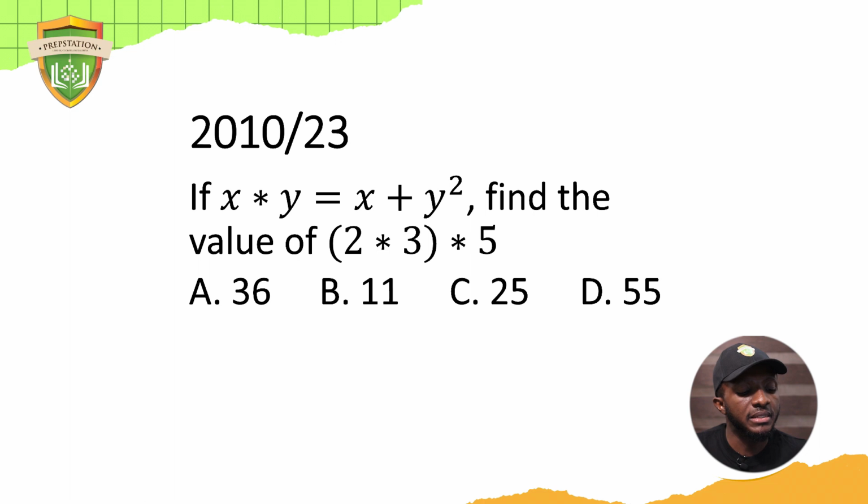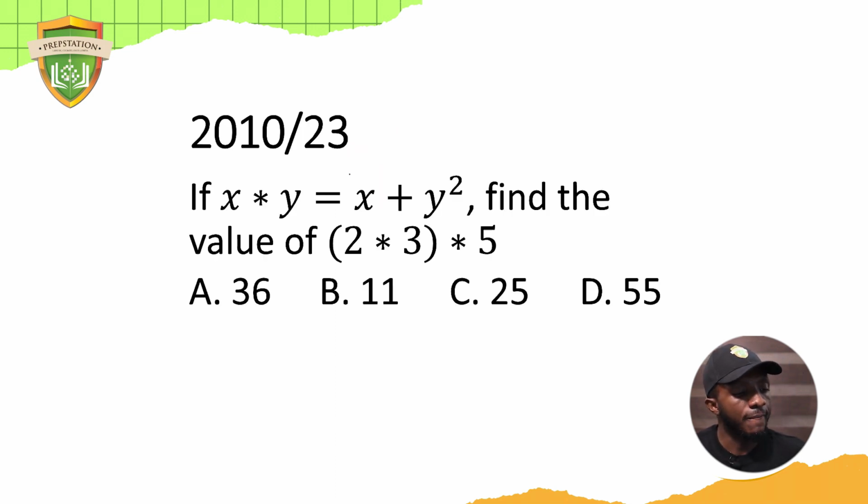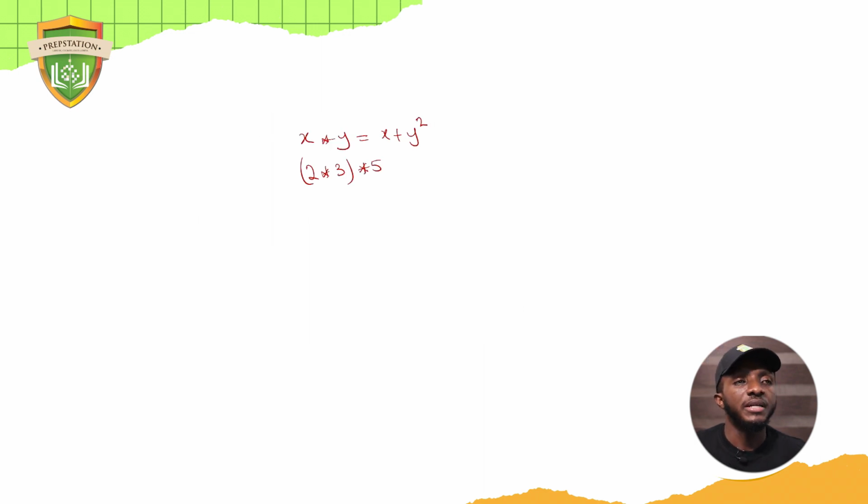What that means is you have to give priority to the bracket. So we have 2 operator 3, operator 5. Now this is quite simple. Binary operations are just a set of rules. If you see this operator between 2 numbers, those numbers must follow this equation.